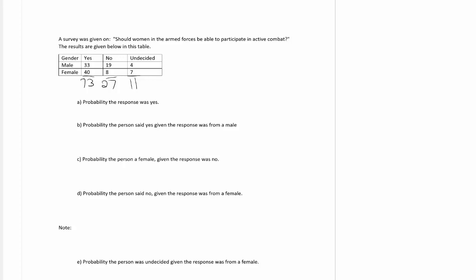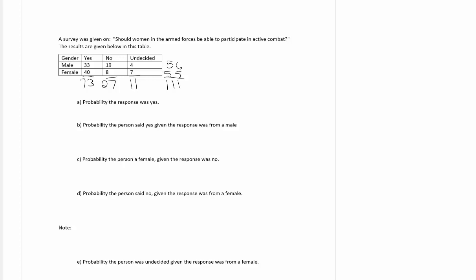Add the total number of males, 33 plus 19 plus 4, that's 56 males, and 40 plus 8 plus 7, that's 55. Now, I can add the totals by taking 56 plus 55, which is 111, or take 73 plus 27 plus 11, which is 111.